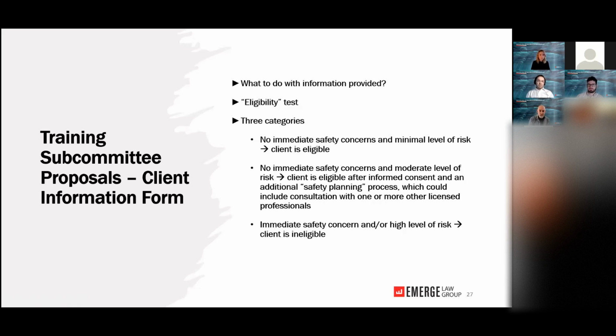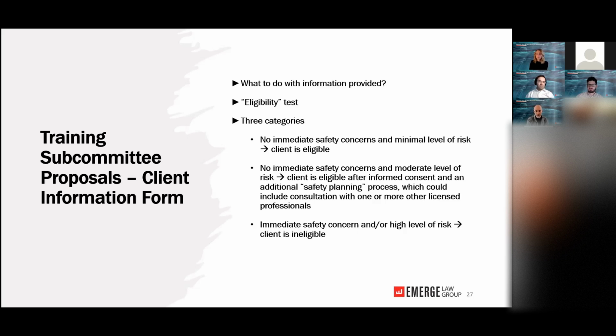At the training subcommittee meeting 2 weeks ago, that was the second question. I also found it a little interesting that the subcommittee approved the client information form before they discussed what they were going to do with the information. So then, okay, they get to what are we going to do with the information? And the idea was that the facilitator, it'd basically be an eligibility test.